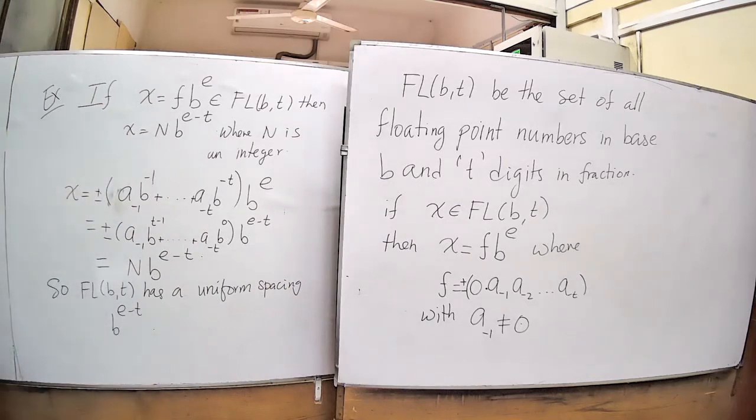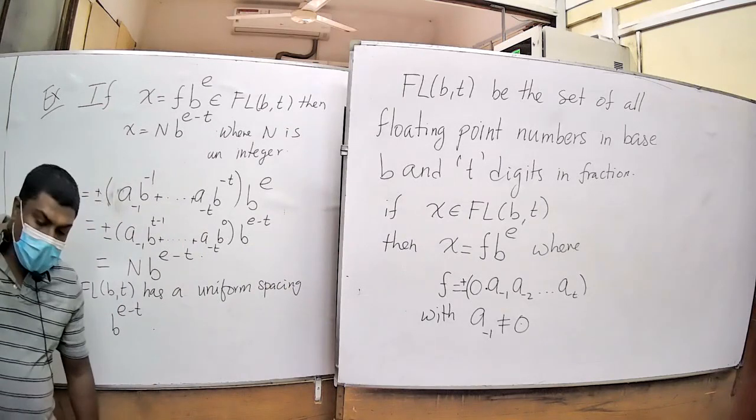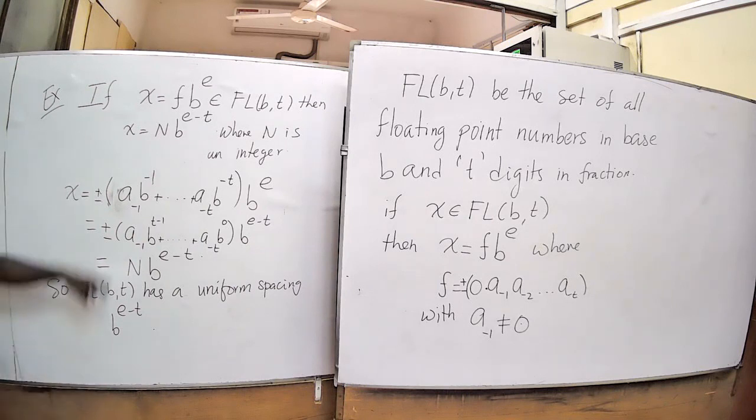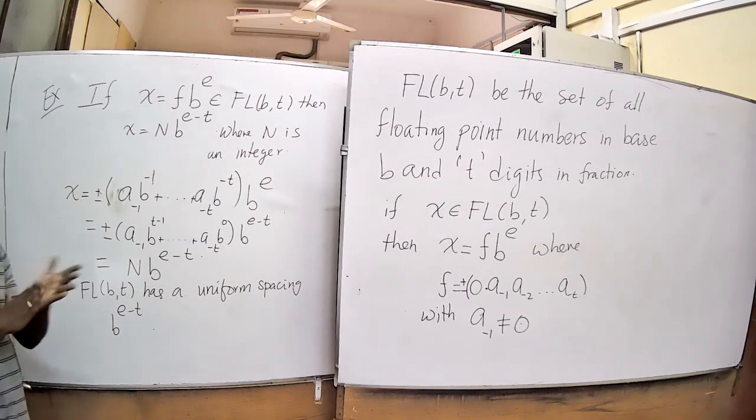Because of this relationship, we can say that the floating point numbers FL(b,t) have a uniform spacing b to the power e minus t.